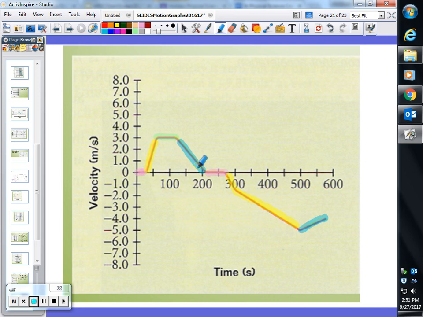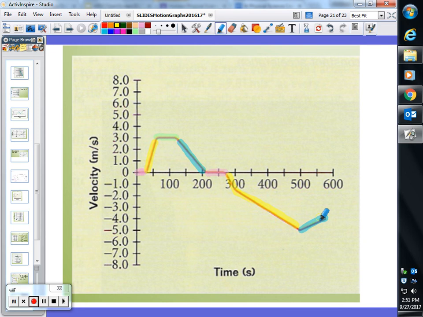All right. This blue section that I have the highlighter on, what's happening there? It's slowing down, but it's still moving which way? Still moving positive or forward, right? The other blue section, the line is sloping upward.